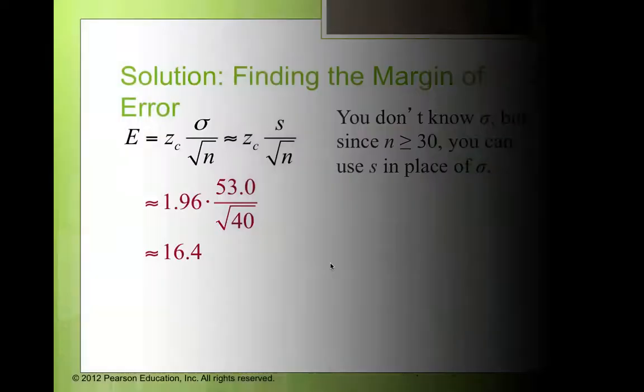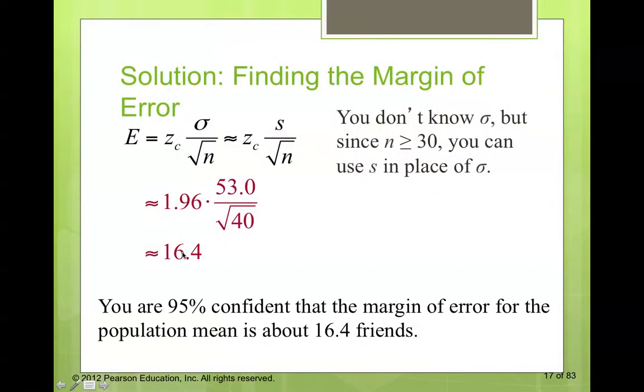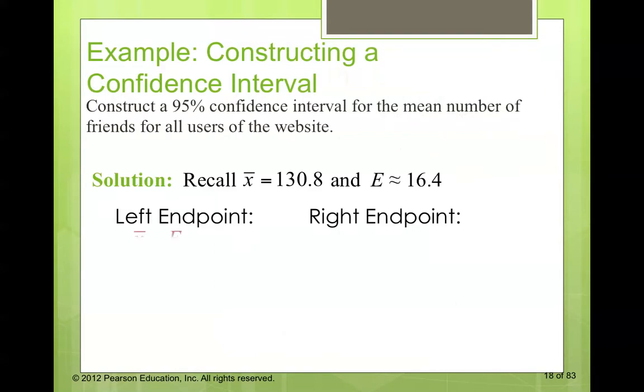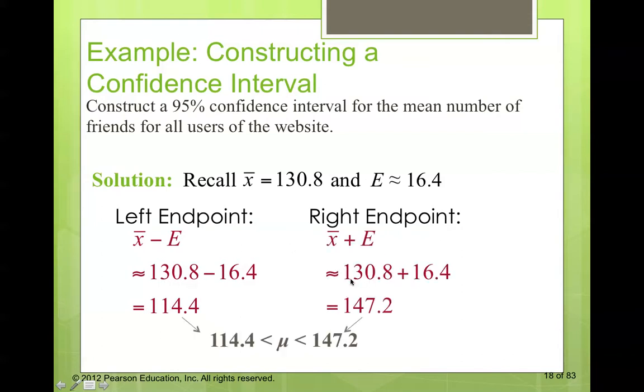Now, what we need to do is take that 16.4 that we found, add it and subtract it to our mean, which we found to be 130.8. So the left point, I'm going to subtract it, and I get 130.8 minus 16.4, which is 114.4. On the right-hand side, I'm going to add it, 130.8 plus 16.4.